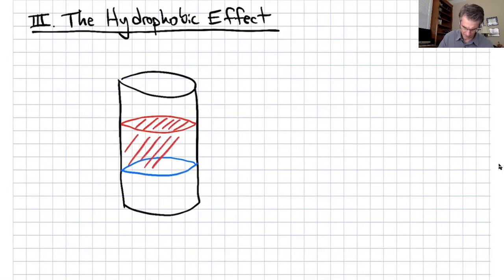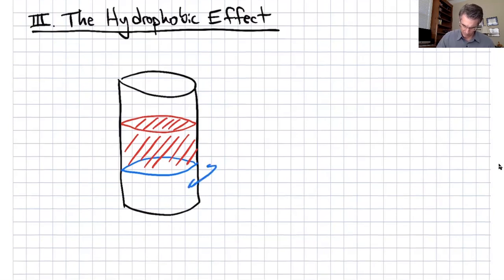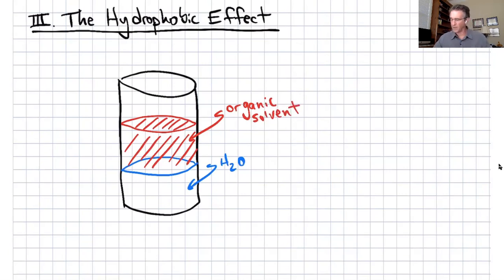It's less dense, and so it's going to float up here on the top of my water in this container. All right. So down here we've got water, and up here we have an organic solvent. Okay, so of course we know if the solvent's immiscible with water, we're going to get this nice phase separation.